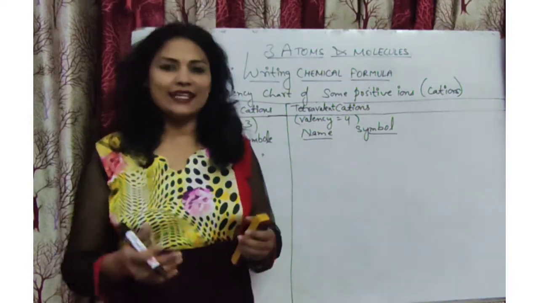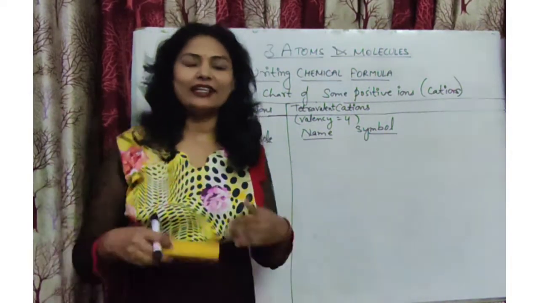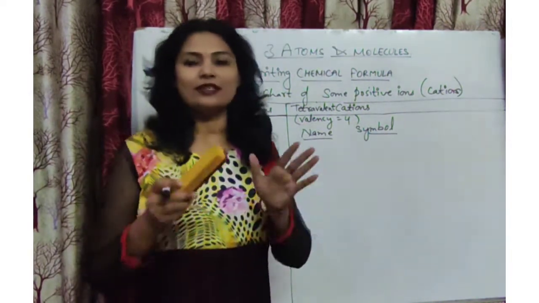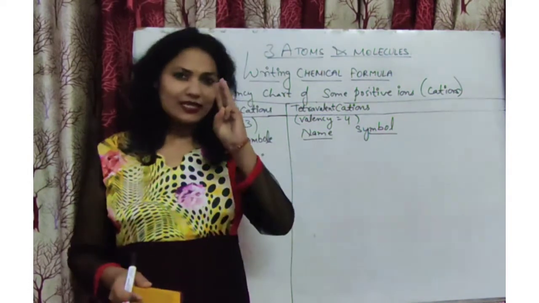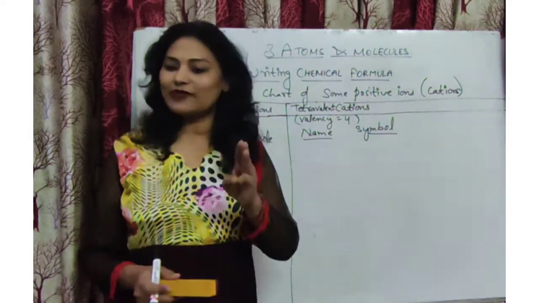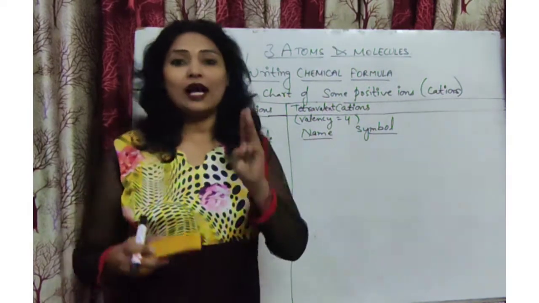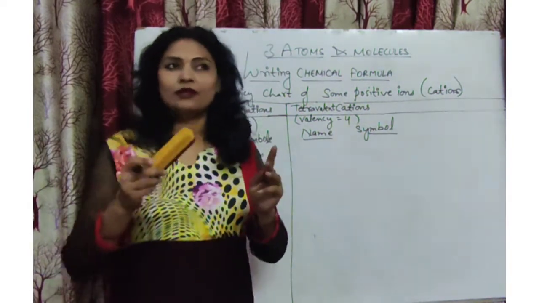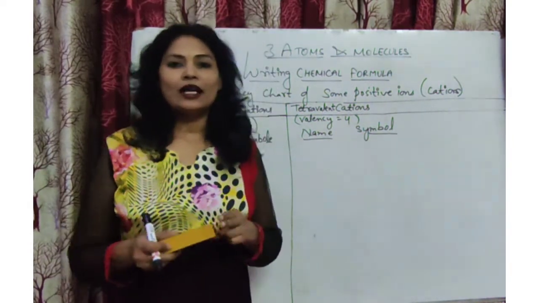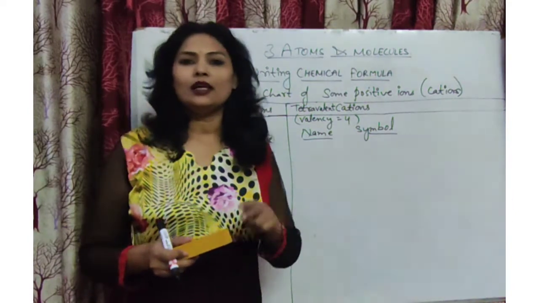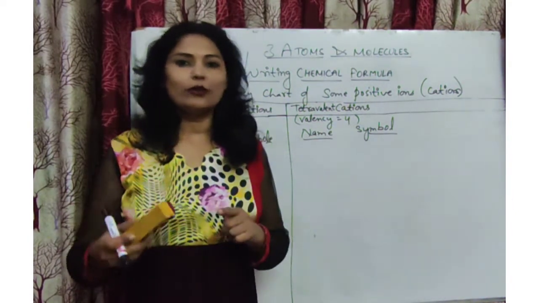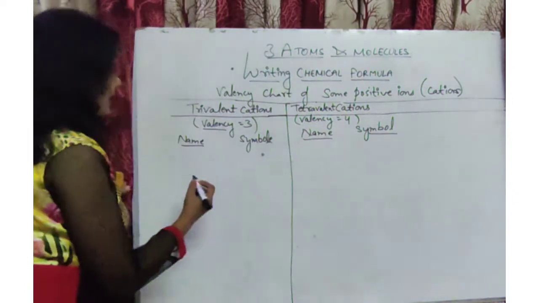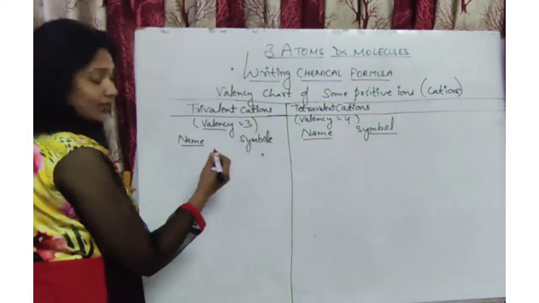Now next valency, trivalency and tetravalency. Trivalency means the element whose valency is 3. So those cations whose valency is 3 are iron, aluminium, then chromium, and mainly chromium is there. So let's write that name of the substance and symbol.